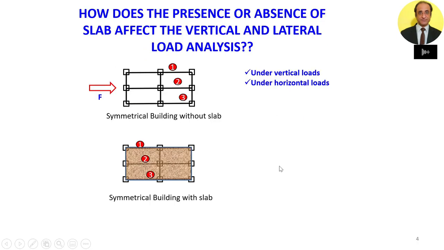Now let us see the difference in the behavior of the frames when we consider floor slabs and when we ignore them. The top structure is a 3D structure where there are 3 frames, 1, 2 and 3. It's a symmetrical structure, meaning frame 1 and frame 3 are identical, and we are deliberately applying the force at the column of frame number 2. The deformation pattern of the structure would be like this.